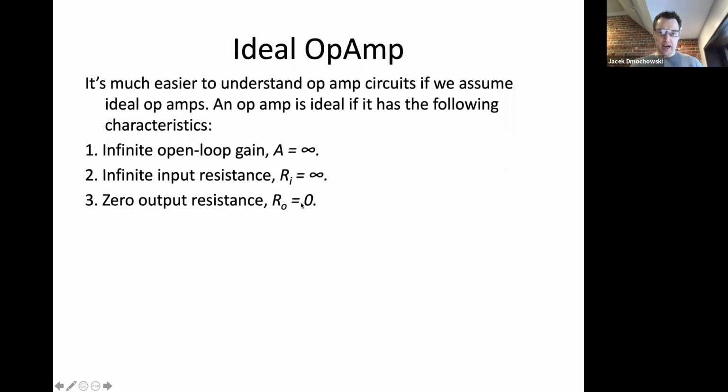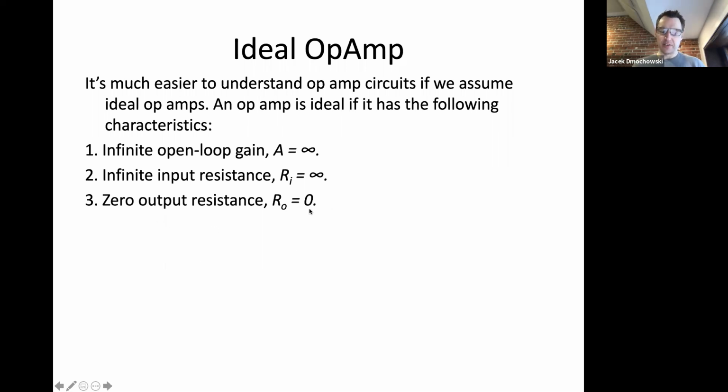And I think we'll elaborate on that in the next few slides. But basically, if you apply a voltage at the inputs, and you can think of the charge as sensing how much resistance is up ahead, it sees so much resistance that no current will flow into the op amp.